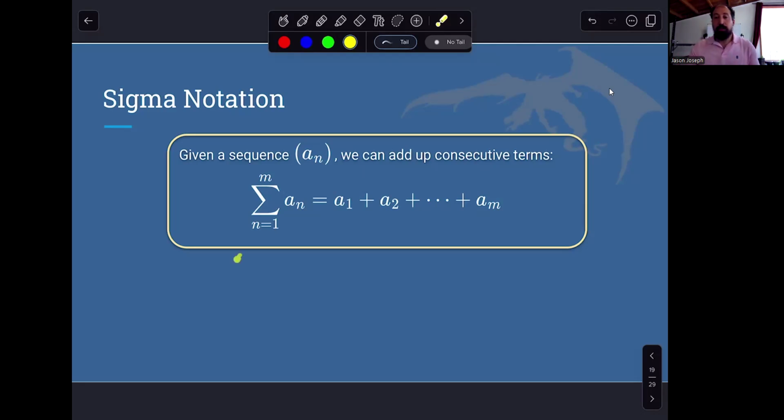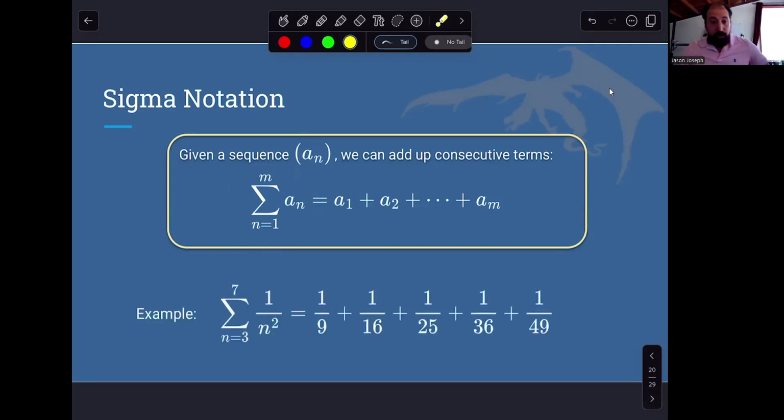That's a counter that starts somewhere and goes up by 1 every time. So this expression here is equivalent to this one. The counter starts at 1 and goes up by 1 until we get to m, whatever that is. So here's an example: the sum from 3 to 7 of 1 over n squared.